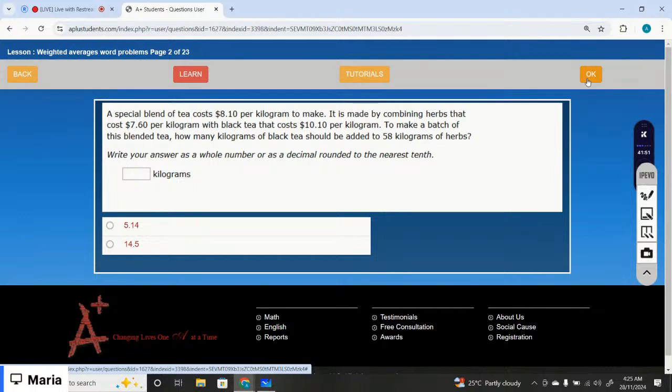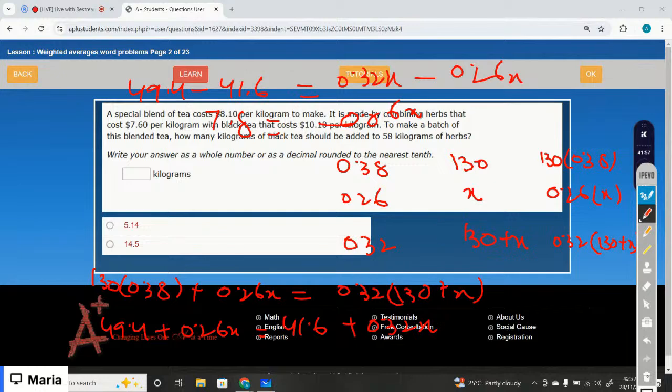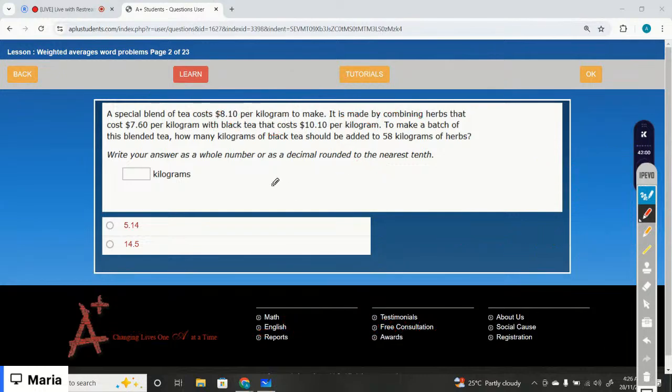So let's just make the table, right? The price per kilogram is $8.10, and how many kilograms? It is made by herbs that are $7.60 per kilogram with black tea that costs $10.10 per kilogram.